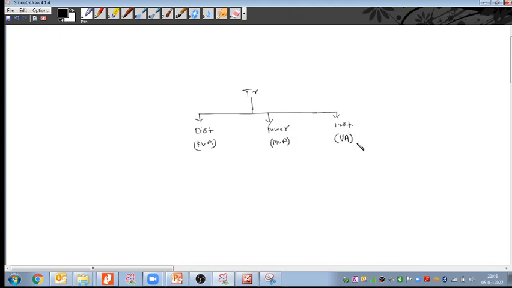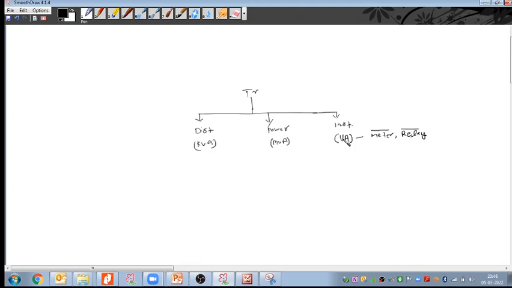This instrument transformer is used to feed supply input to the meters and the relay. The meter burden, or required power, is small because these are made of power electronics instruments, so the required power is less.